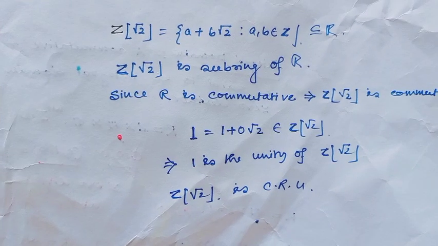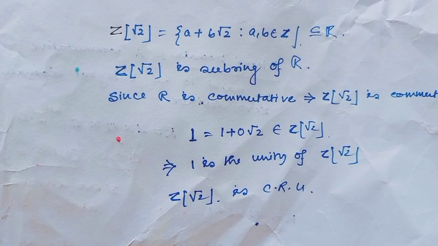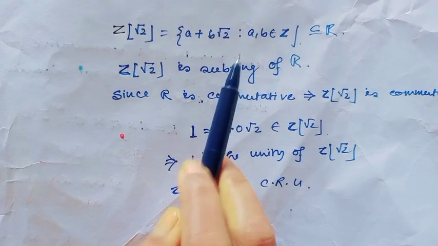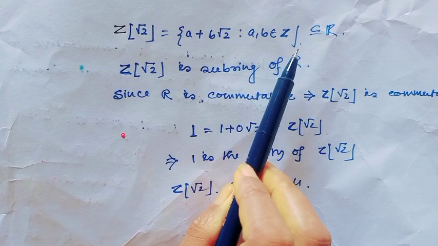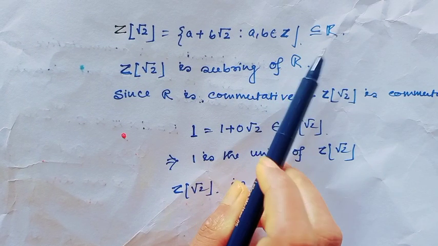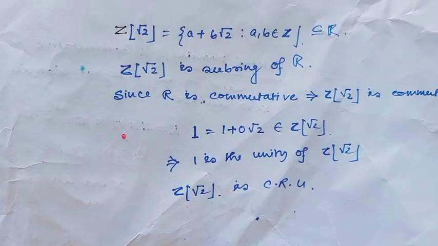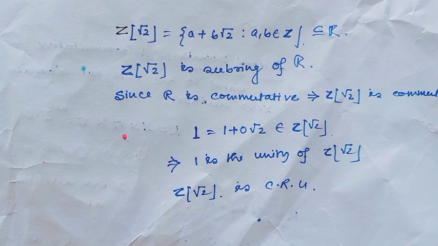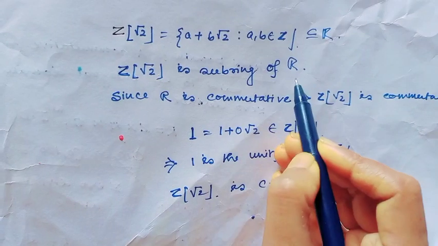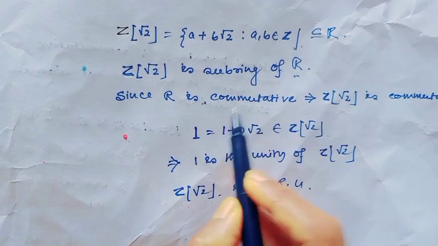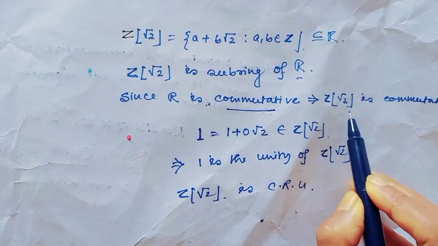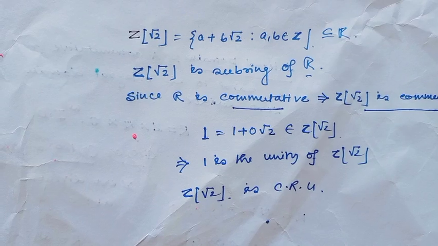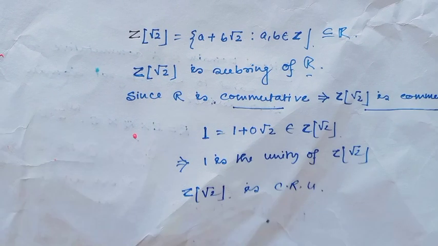Now I will show one nice ring, Z root 2. Z root 2 is the set of elements of the form a plus b root 2, where a and b belong to the ring Z. Obviously this is a subset of the ring R, and if you check, it is a subring of the ring R. Since R is commutative, Z root 2 is commutative, because if a ring is commutative, then its subring is obviously commutative.